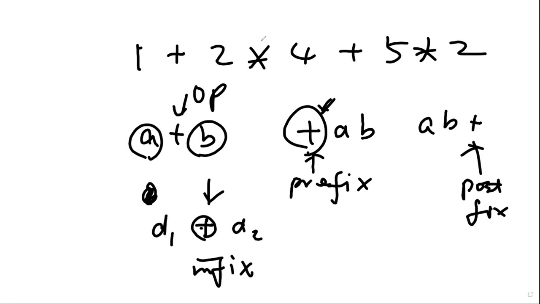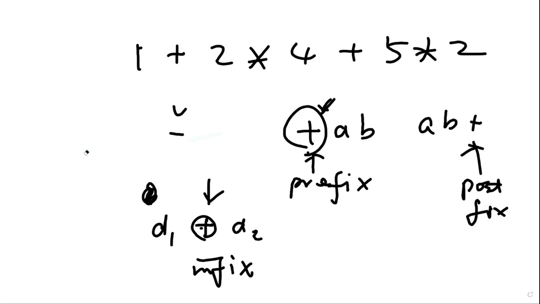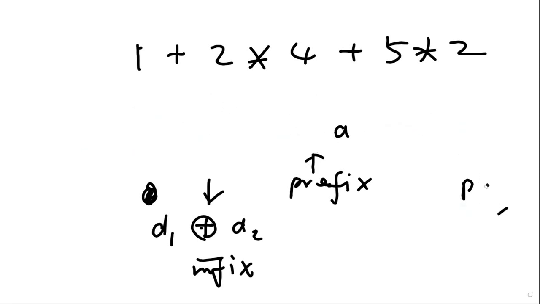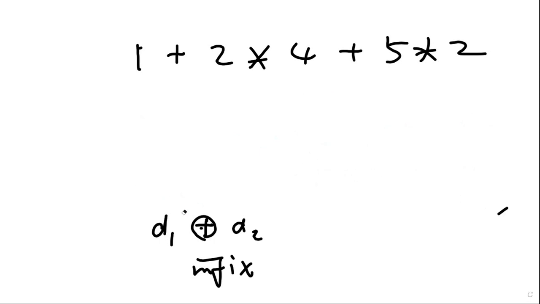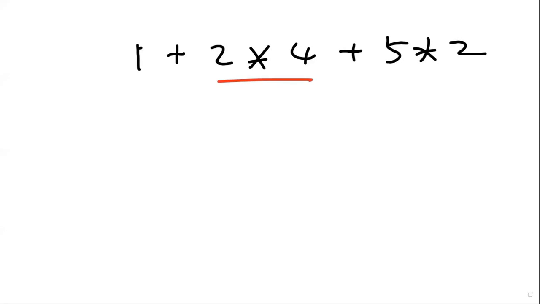So now, this is the expression we see right here. This one is actually an infix notation, right? But if I translate it into postfix notation, I should write this one first. It should be 2 4 times, right? This one should be 5 2 times, right?